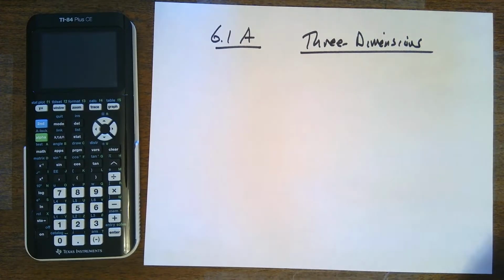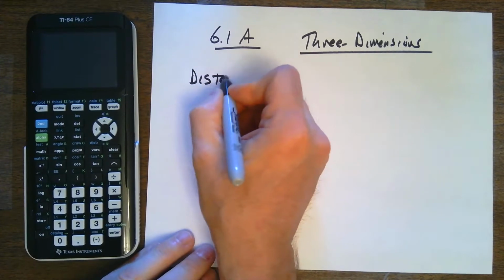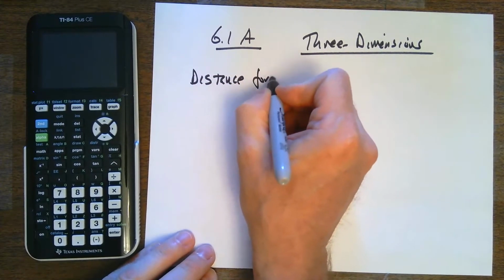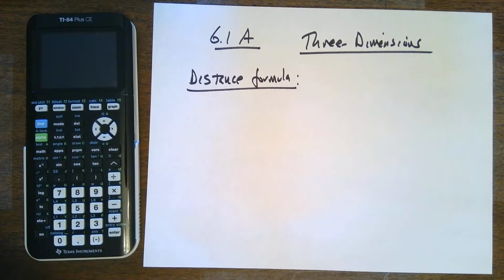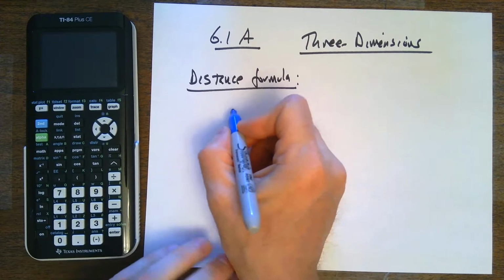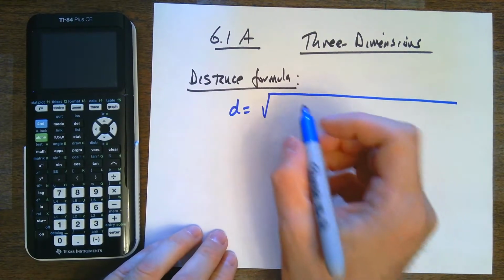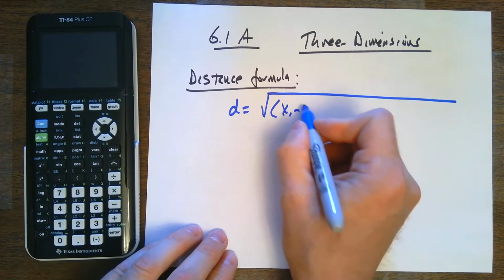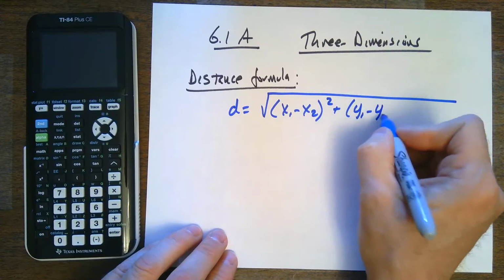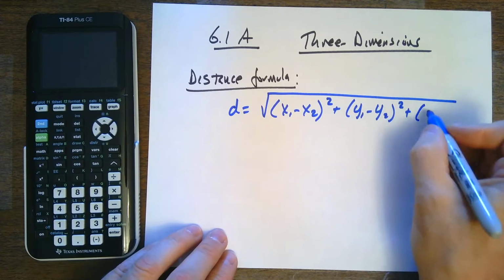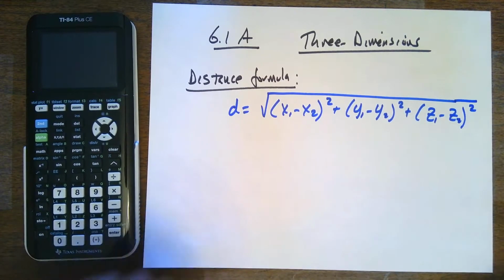Let's take a look at the distance formula. The distance formula in space is this. Distance equals the square root of, yeah, I know that's ridiculously long, x1 minus x2 squared plus y1 minus y2 squared plus z1 minus z2 squared.